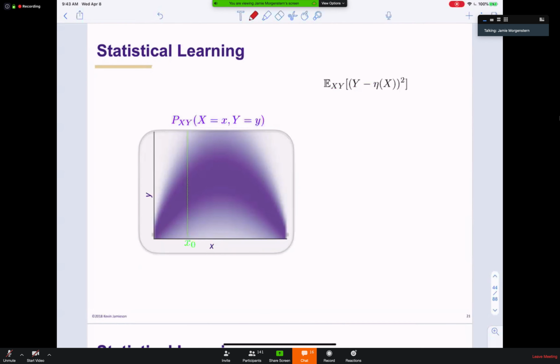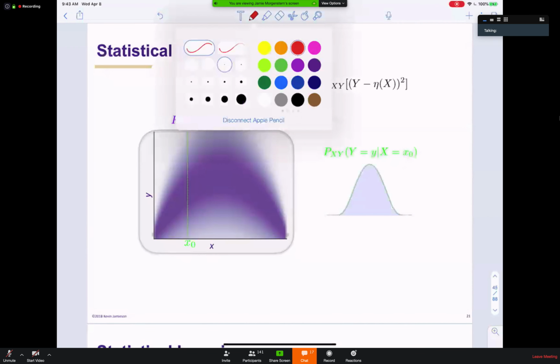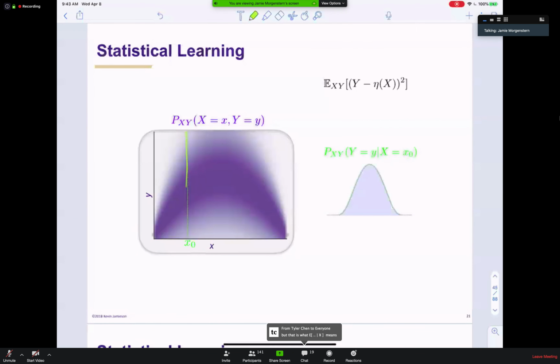Okay, so for a particular new point x naught drawn from this distribution, what does this conditional distribution over y's look like, right? That's just like asking for this slice right here, right? Right, so this particular line corresponds to that point cloud. This is just a distribution over y, right?